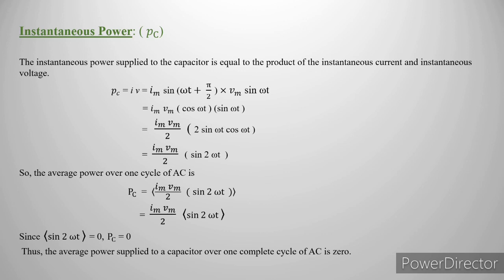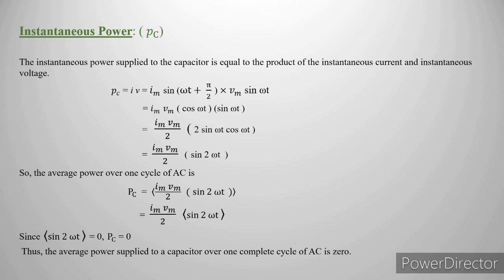Again, multiplying and dividing by 2, we get Pc is equal to Im Vm by 2 into 2 sin omega t cos omega t. That is equal to Im Vm by 2 into sin of 2 omega t. So, the average power over one cycle of AC is given by capital Pc is equal to average of Im Vm by 2 into sin of 2 omega t.